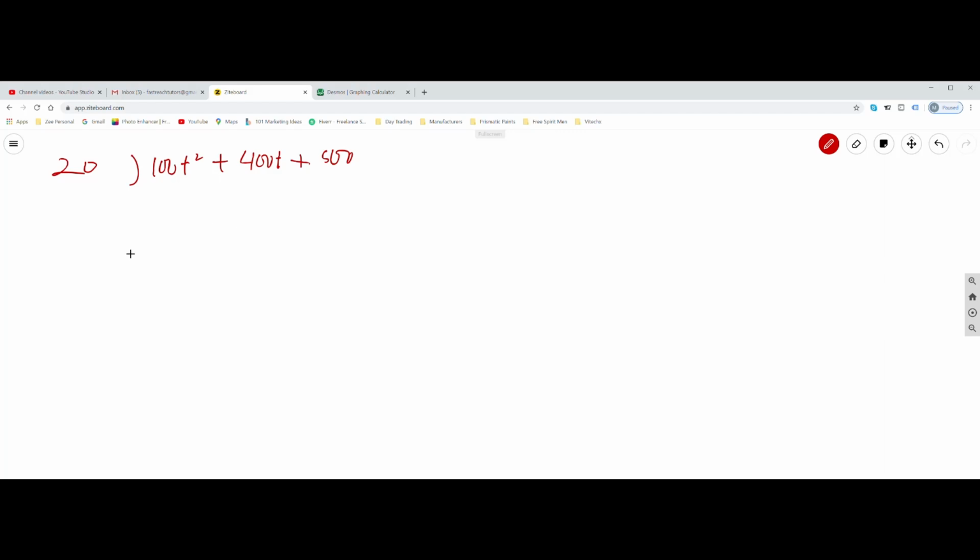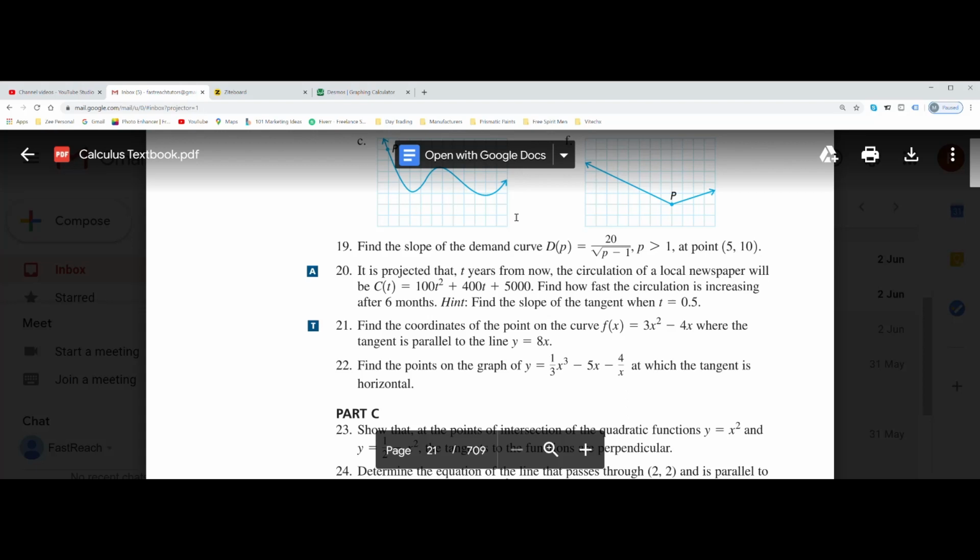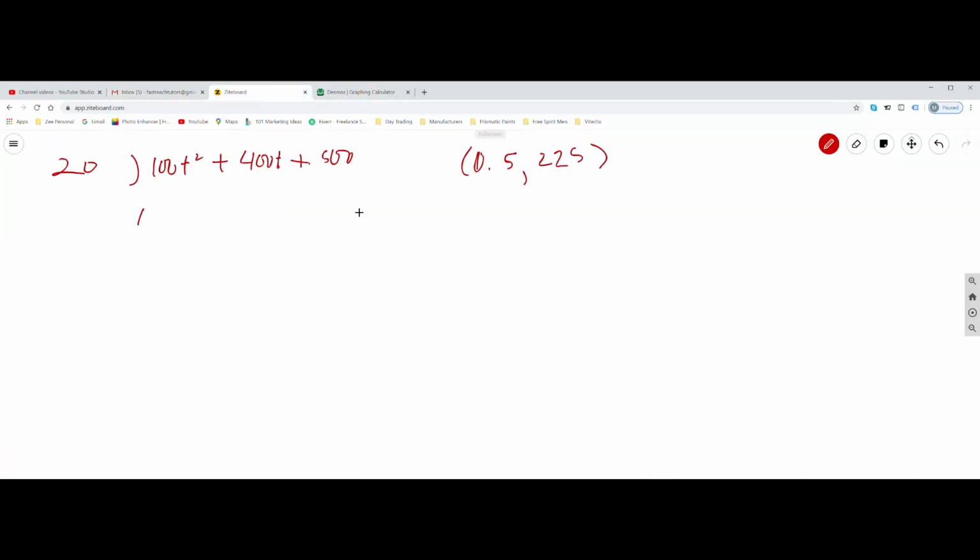So we're going to substitute. We have the point t is 0.5 and 225. Those are the points. If I put 0.5 in this equation, I get this. All right, did I write the equation properly? 5,000. 5,000.